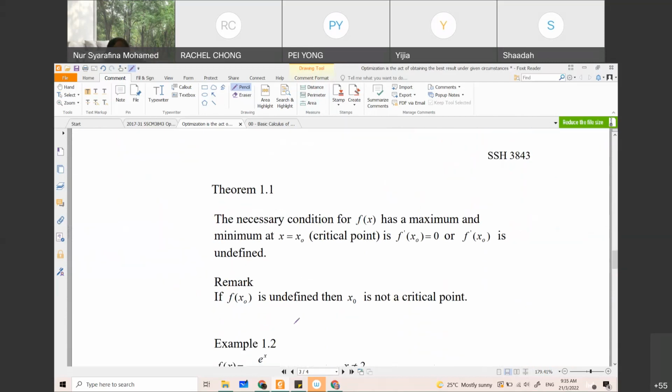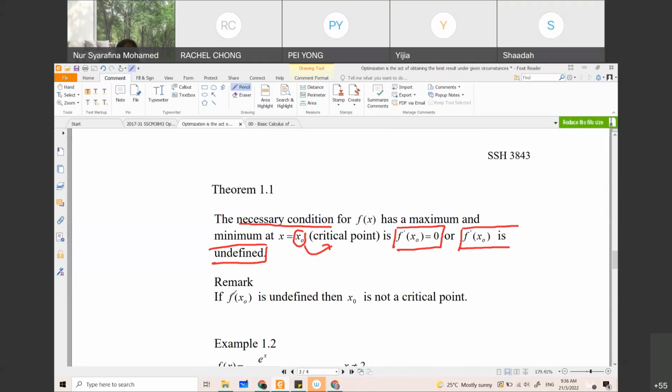Right. So now, let's take a look at this theorem. The necessary condition for f(x) to have a maximum or minimum at x = x0, where x0 is a critical point, is f'(x0) = 0, or else f' is undefined.